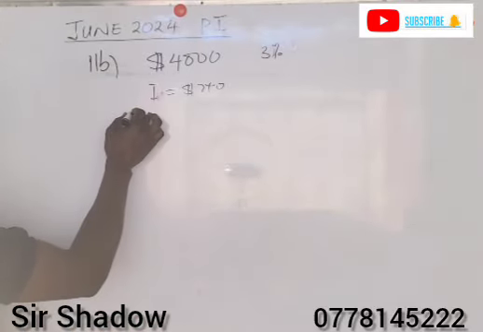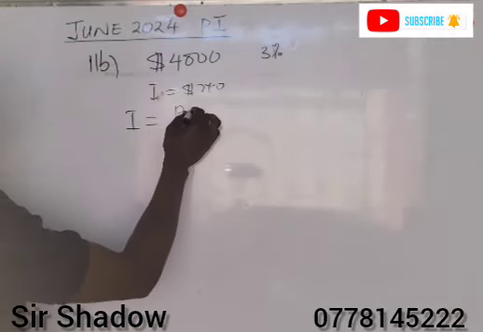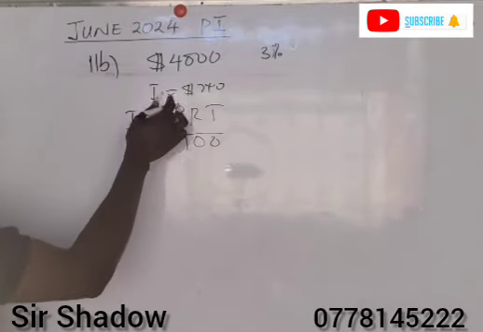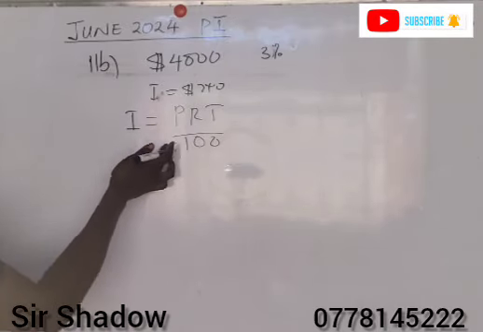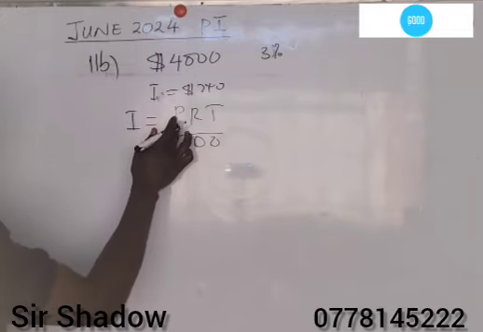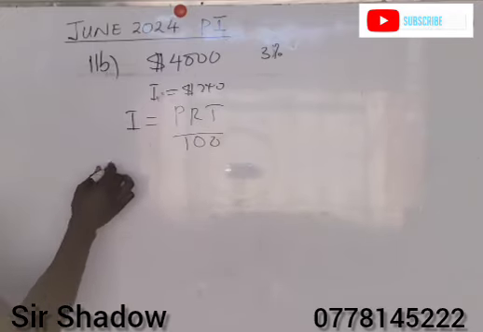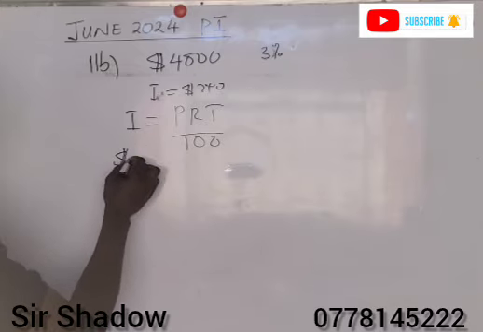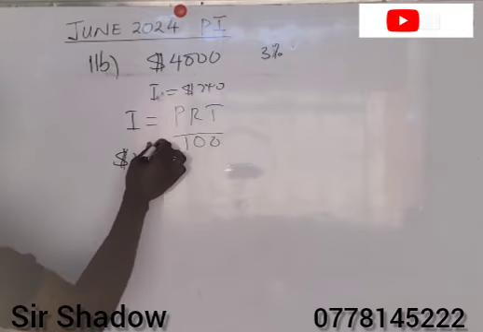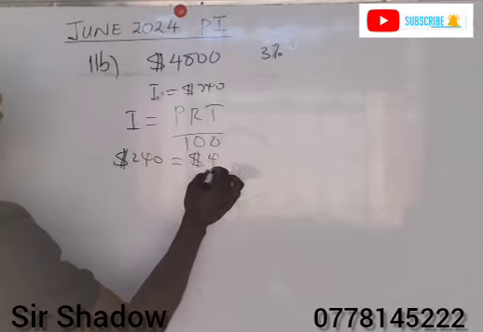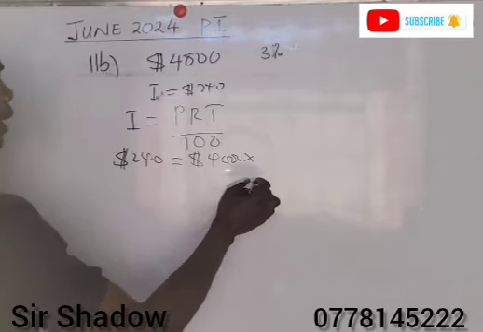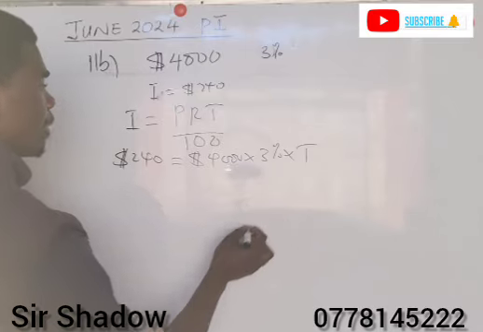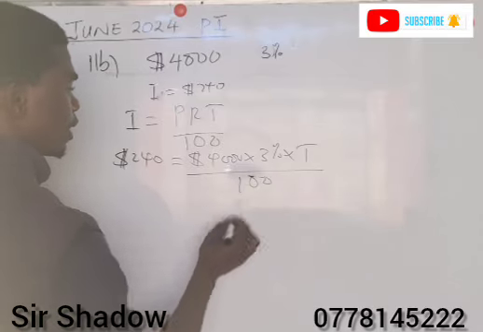So we are saying interest is equal to PRT over 100, principal times rate times term over 100. I'm given the principal and also the interest. Interest is equal to $240. So $240 is equal to the principal, which is 4,000, multiplied by the rate, 3%, times the term, over 100.